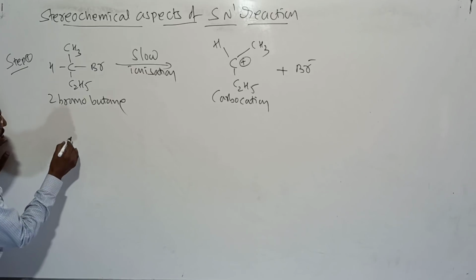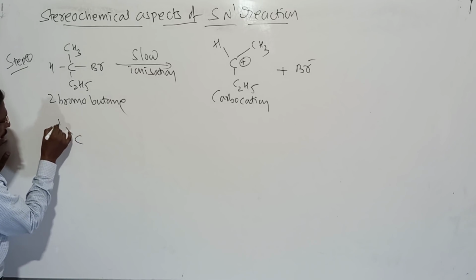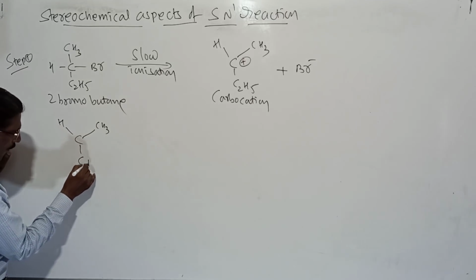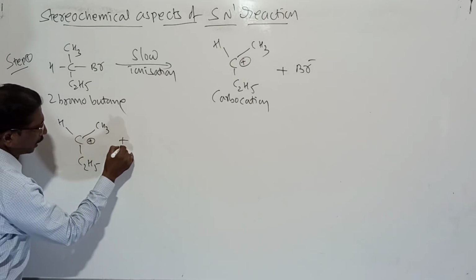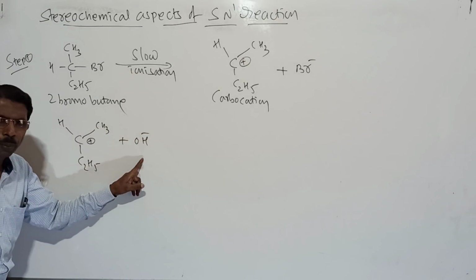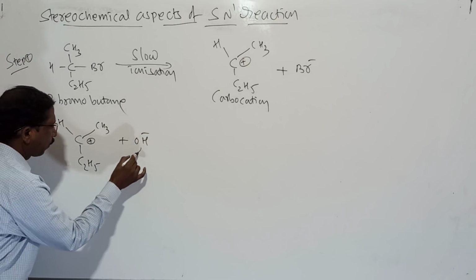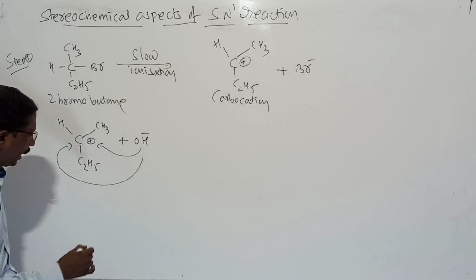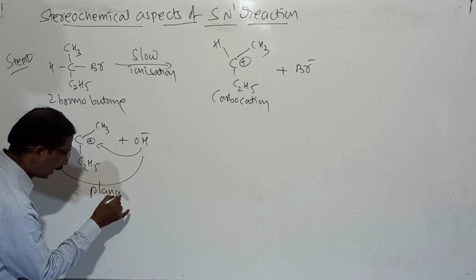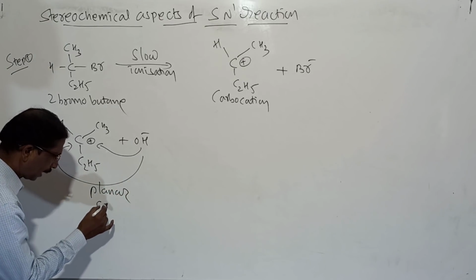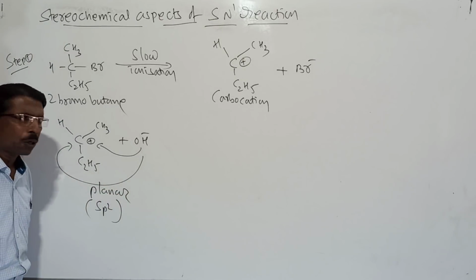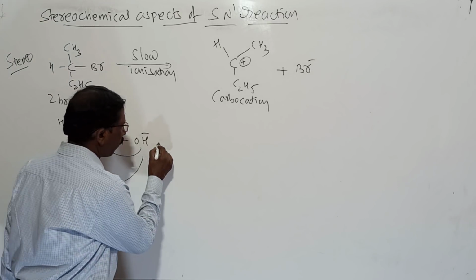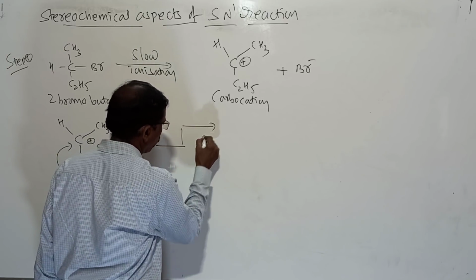In step 2, the carbocation with H, CH3, C2H5: the OH minus nucleophile may attack from this side or from this side, because it is planar and sp2 hybridized, so it may attack from either side. Therefore it forms two products. I will write the two products here.